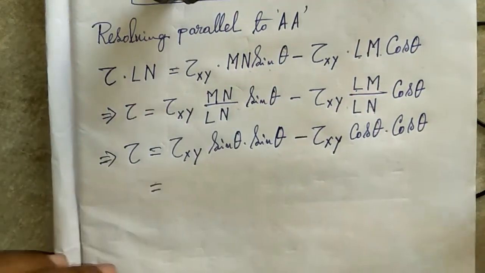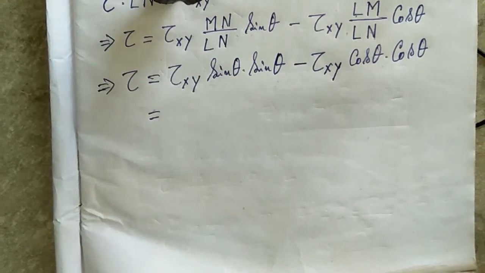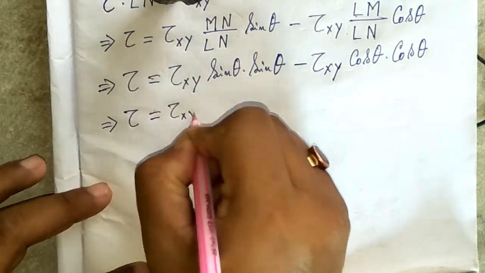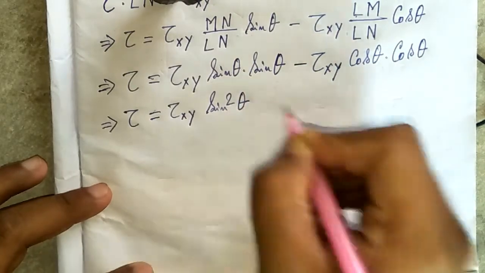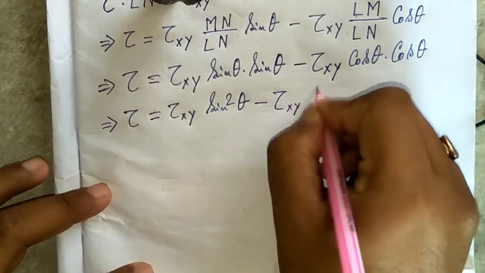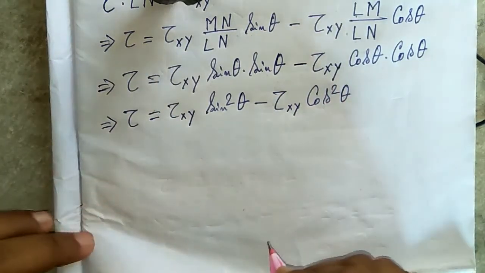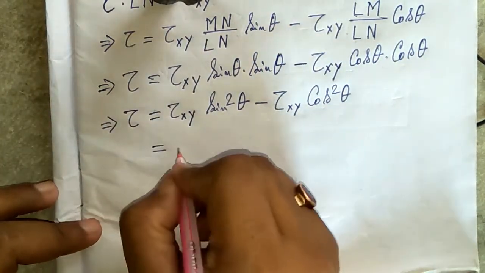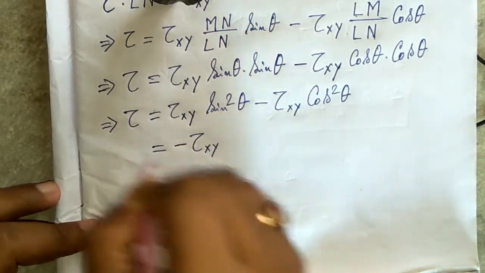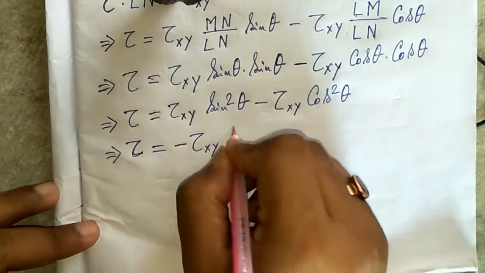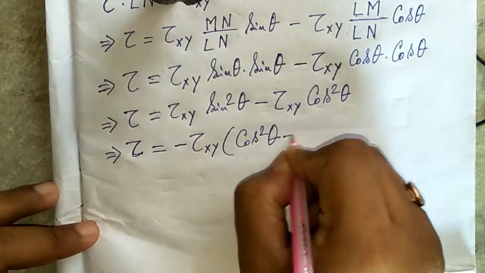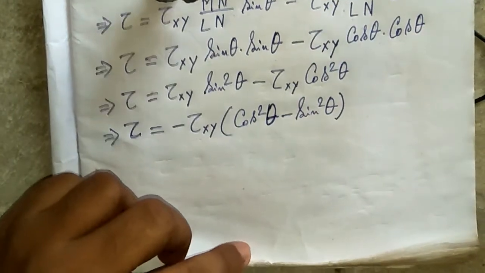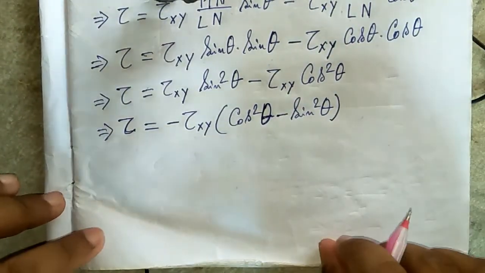So the tau value becomes tau is equal to tau xy sin square theta minus tau xy cos square theta. We already know this basic trigonometry formula. So we can write tau equals minus tau xy into cos square theta minus sin square theta, and that is equal to cos 2 theta.